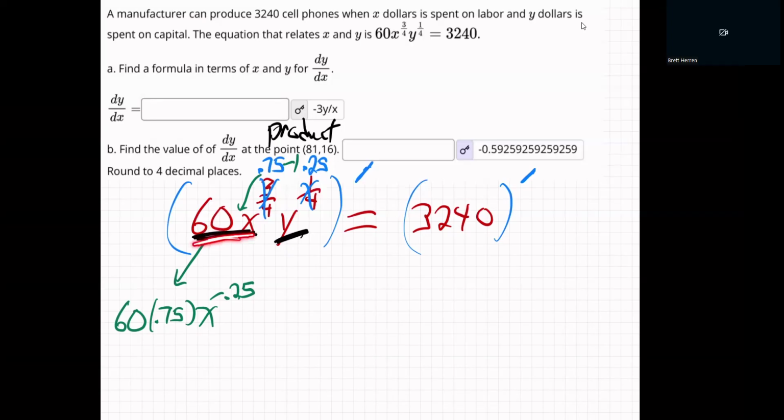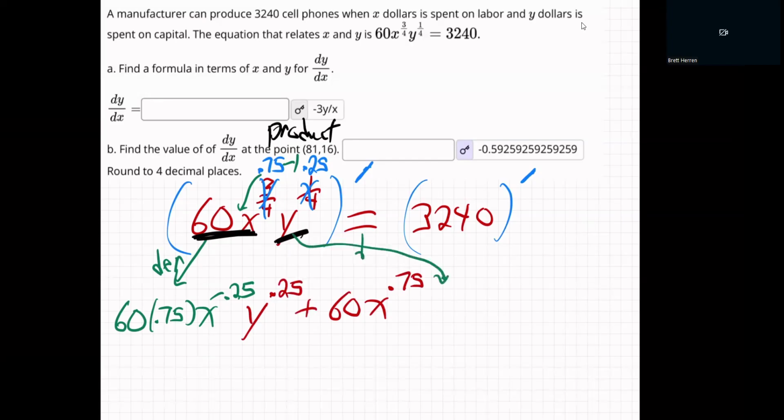So I'll just say the first one's 60x to the 0.75, and the second one's y to the 0.25. Those are the two functions multiplied. So that means product rule, which means they take turns. The derivative of the first one times the second one unchanged, plus the first one unchanged, 60x to the 0.75, times the derivative of the second one.